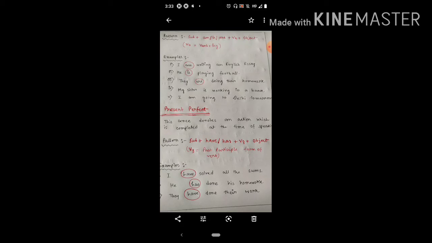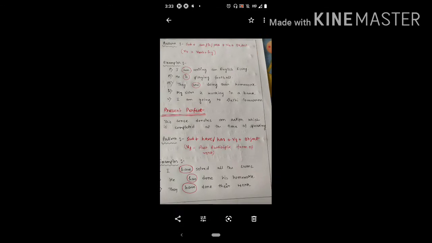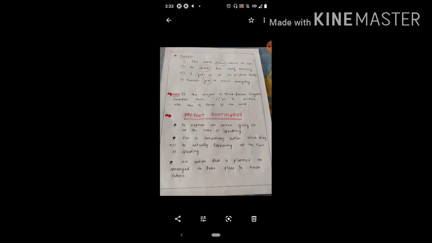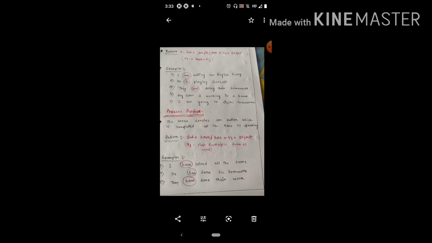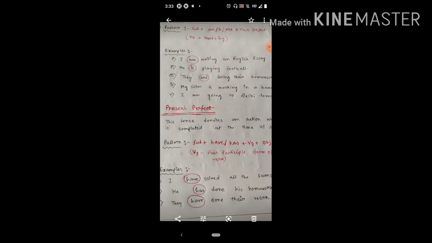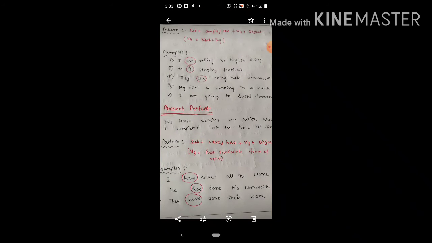It is not mandatory that at present she is working in a bank. It is an example of a temporary action which may not be actually happening at the time of speaking. And the fifth example is I am going to Delhi tomorrow. That means it is an example of the nearest future, which is going to happen. So this is all about present continuous tense.